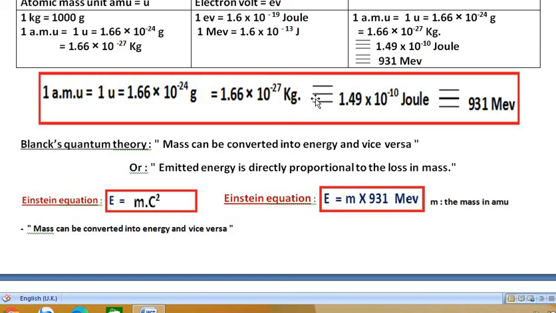These quantities are equivalent to energy units, 1.49 by 10 to the minus 10 joules, which is also equivalent to 931 million electron volt. It is possible by using this relation in the rectangle to convert mass units into other mass units, and mass units into energy units, and vice versa.